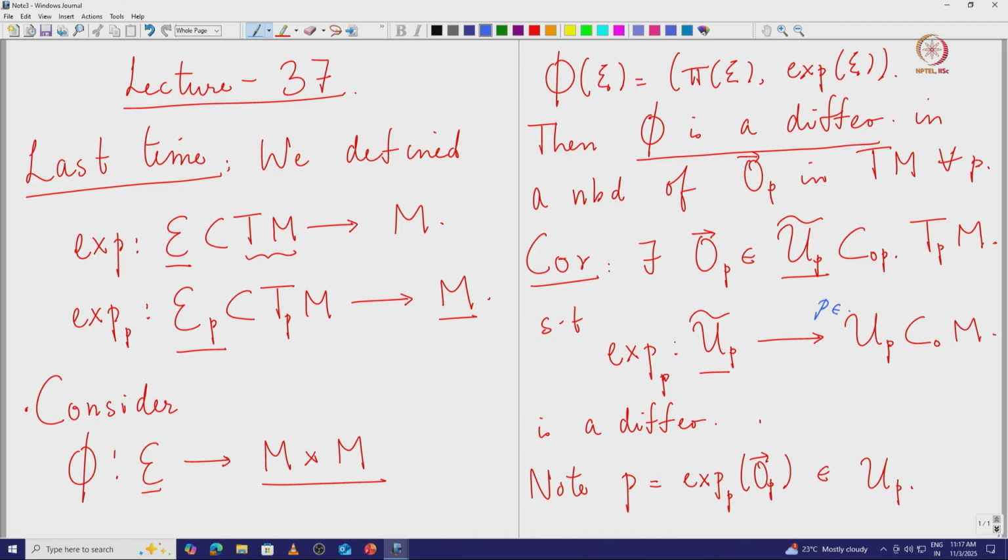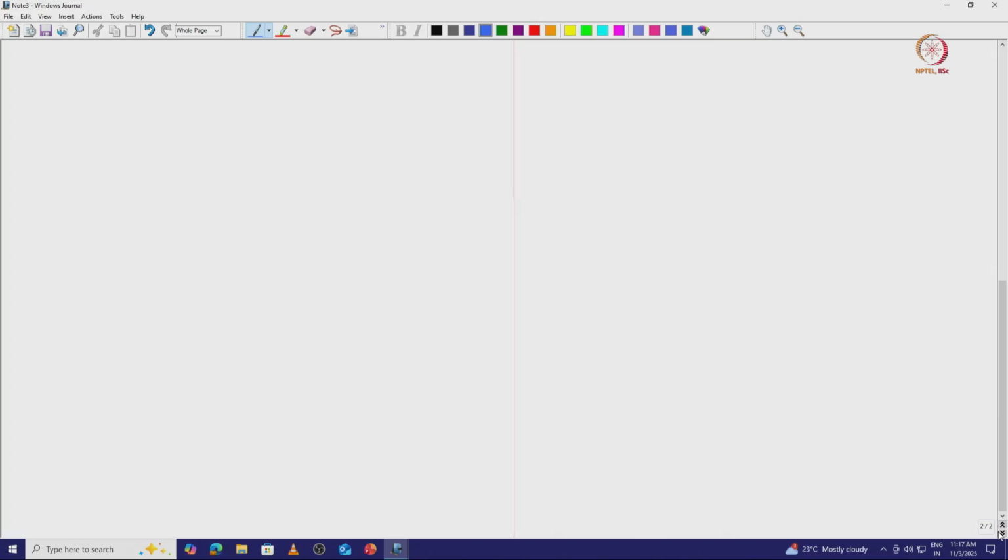okay. So the picture was the following: you have your manifold M, you have your point P, you have the tangent space at that point, then you have an open neighbourhood here. Sorry, maybe I should draw a slightly better picture.